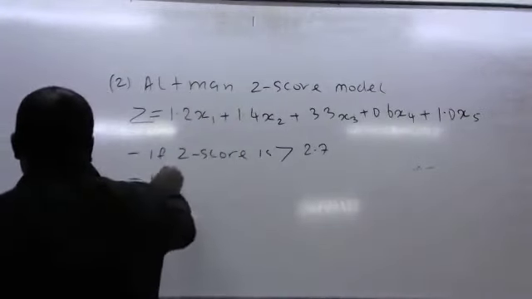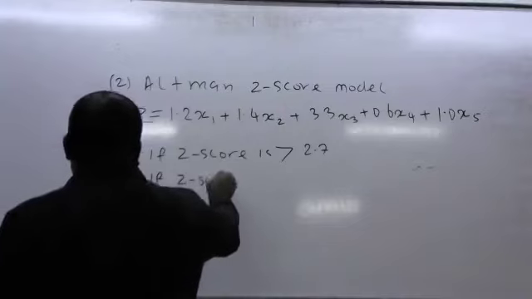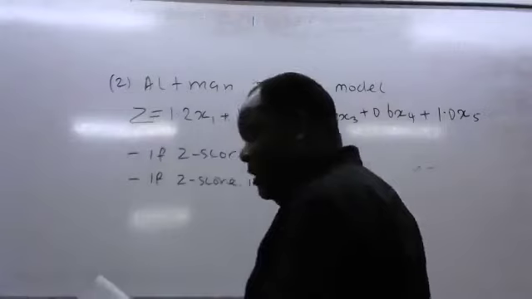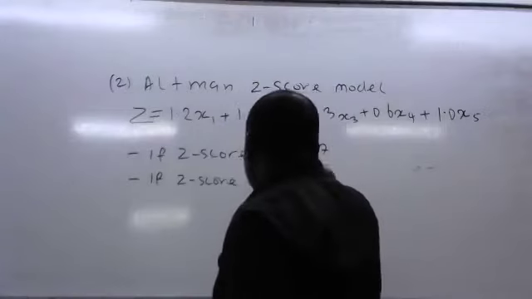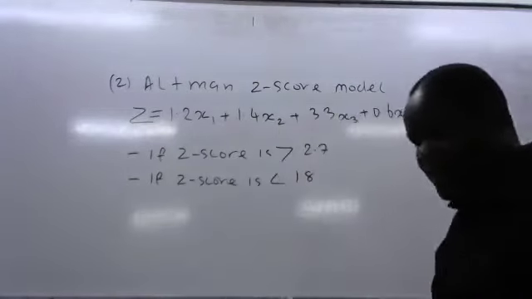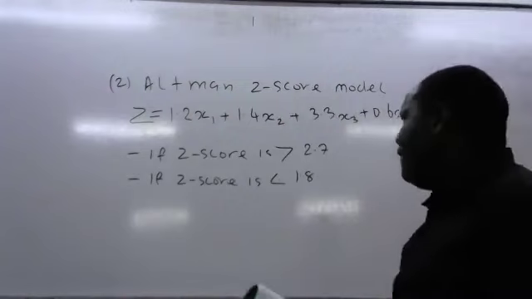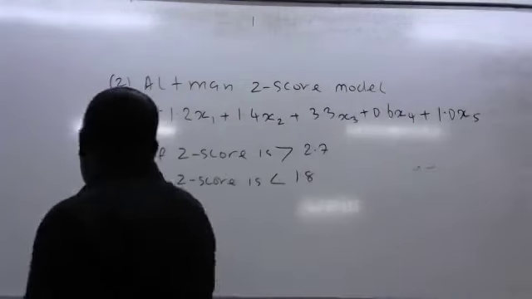The second dash is that if the Z score is less than 1.8, then it indicates failure.